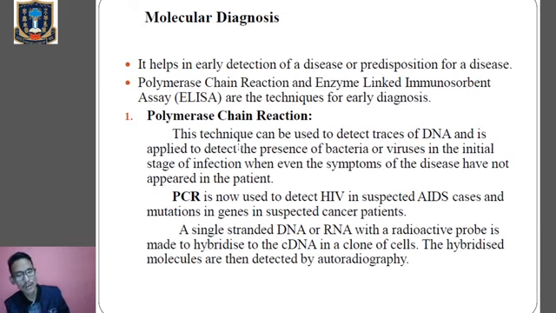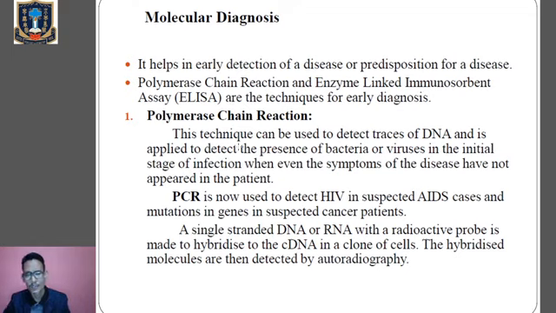Here a single-stranded DNA or RNA probe, a radioactive probe, is made to hybridize to the complementary DNA in a clone of cells, and the hybridized molecules are then detected with the help of autoradiography. If there is any mutation in a DNA, then the DNA cannot form double-stranded structures.